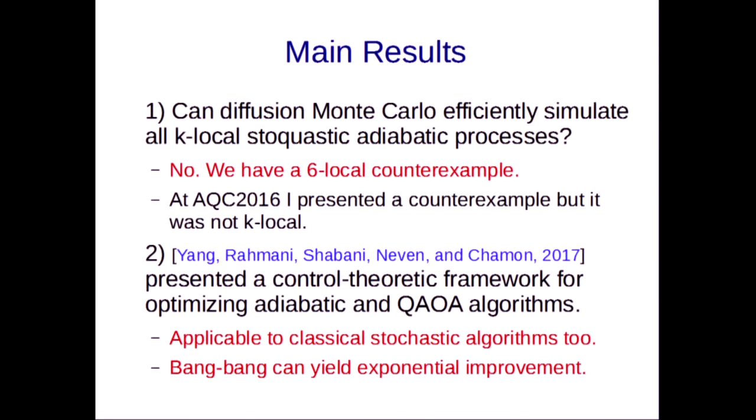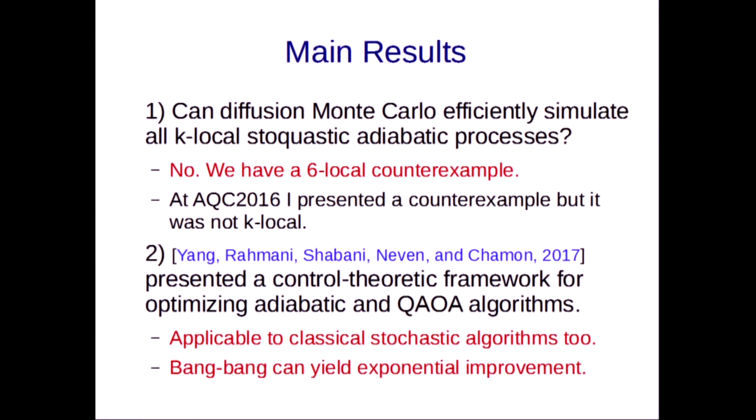And so since then, in collaboration with Jake Bringawat, I have thought about it, and now we have a 6-local example with the same character. So even if you restrict your attention to local Hamiltonians only involving 6-body interactions, for example, it's still powerful enough to do something that this direct diffusion Monte Carlo simulation will not be able to track efficiently.